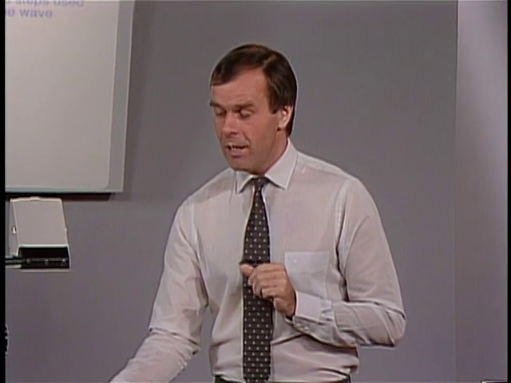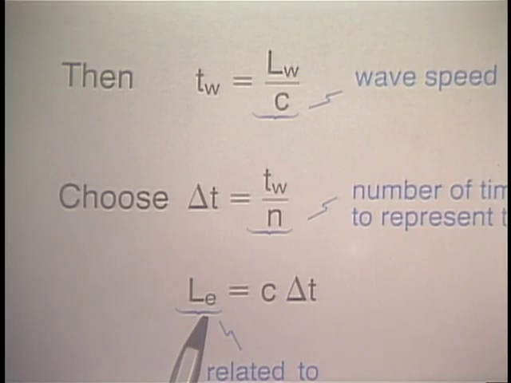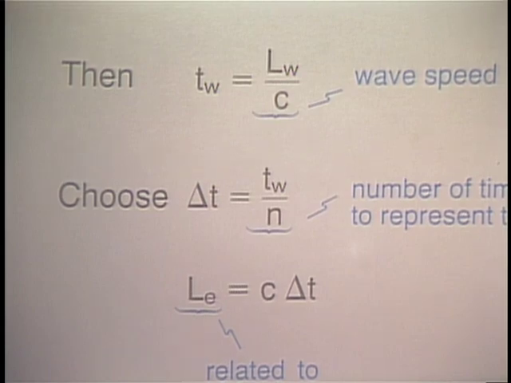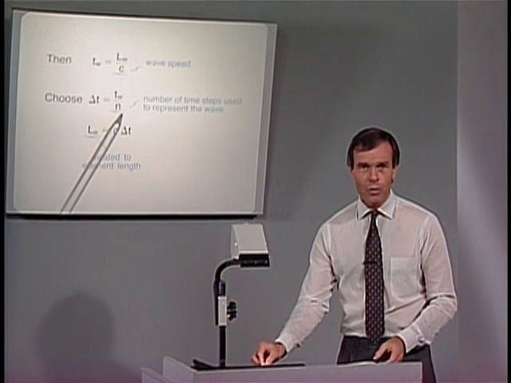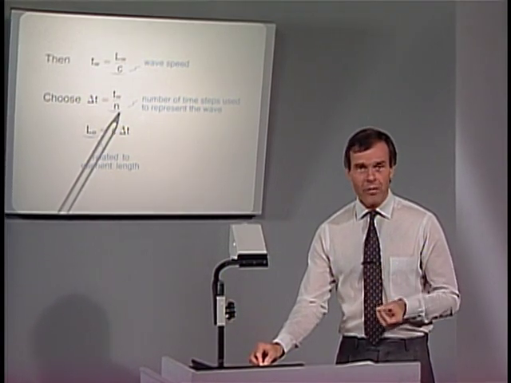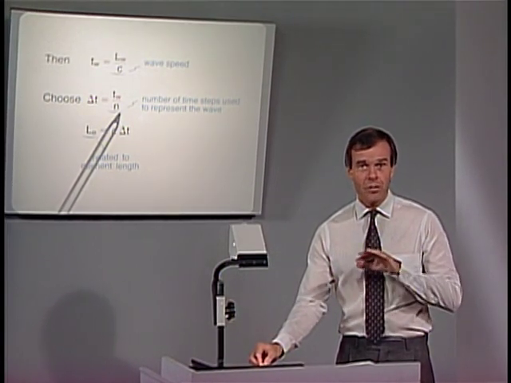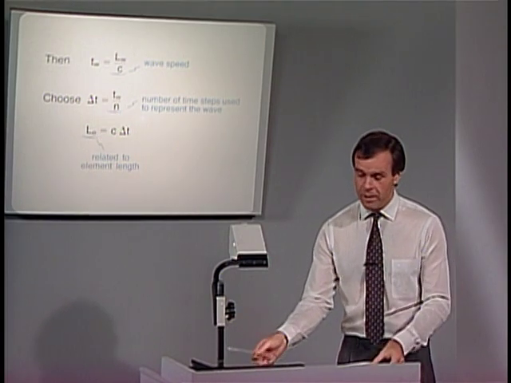But if we have more complex elements to model a finite element solution, then this L_e value would be related to the element length. Note that in this formula here, of course, n has to be chosen by the analyst to be a reasonable value so as to be able to represent the total wave appropriately.